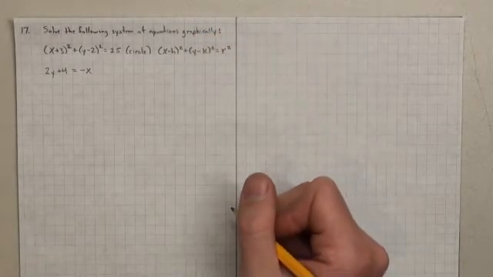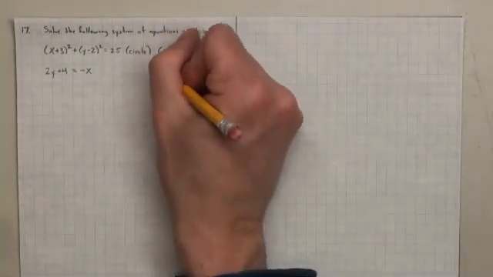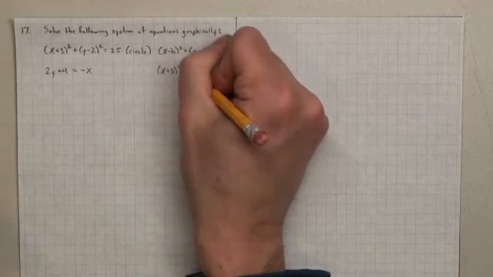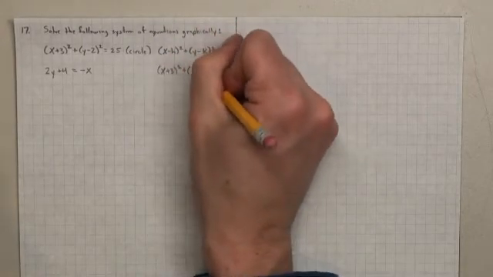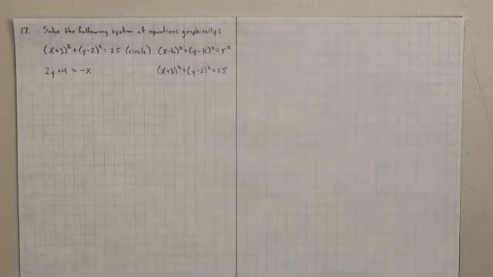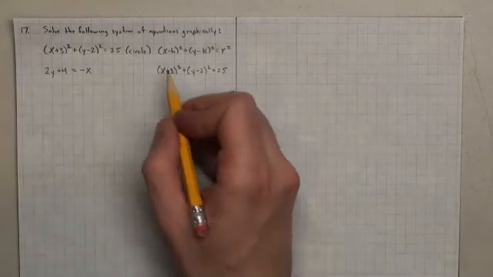That's the general form. Now underneath that I want to write down our equation. So we can line things up.